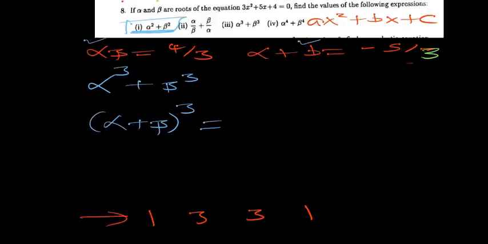Now we'll start with alpha to actually get the maximum power. So it will be alpha to the power 3. The next coefficient is a 3. Alpha will now reduce by 1, it will be to the power 2. So beta will now start from 1.